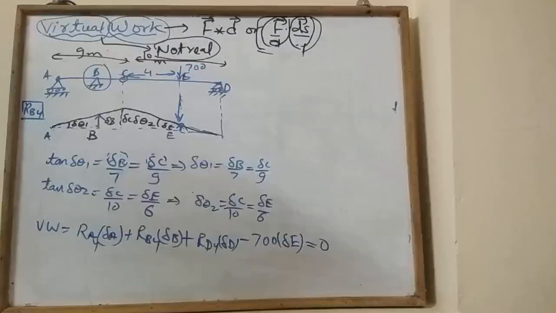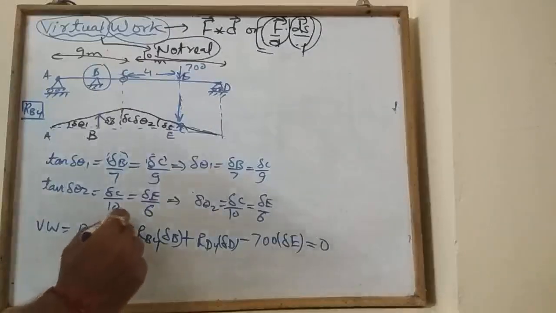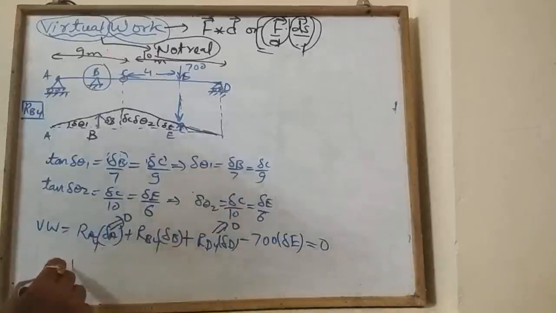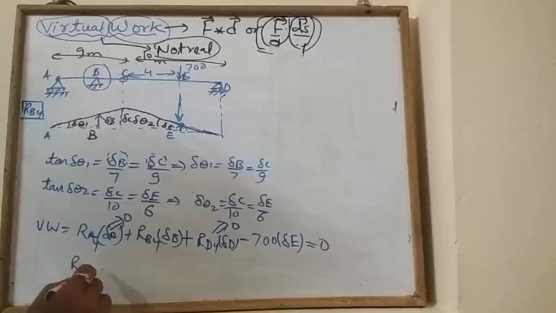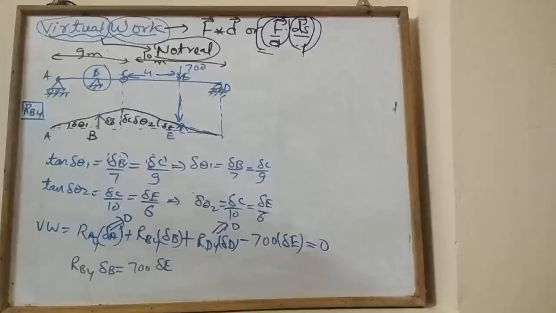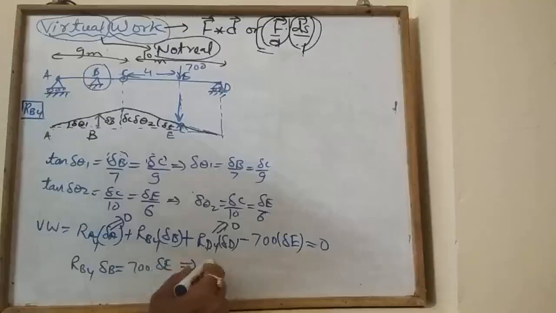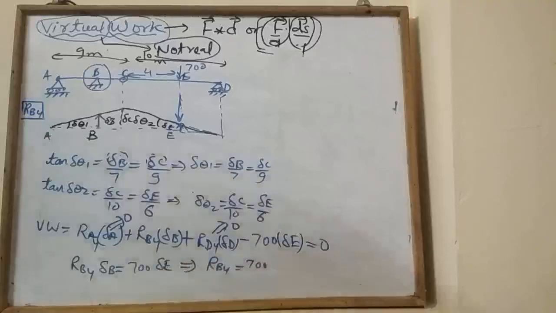So this is 0, this is 0, so we have RD del D equal to 700 del E. R B equals 700 del E by del B.